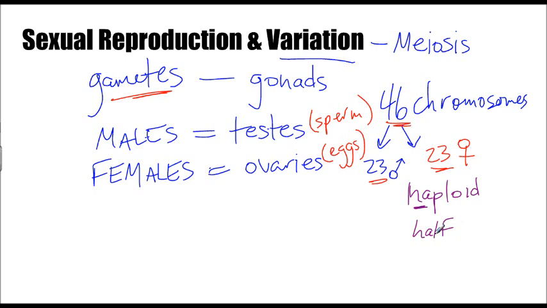This sperm, this egg, these are gametes, and these gametes have only half the number of chromosomes.